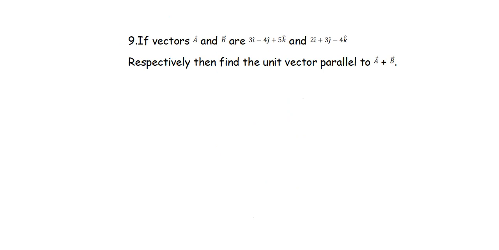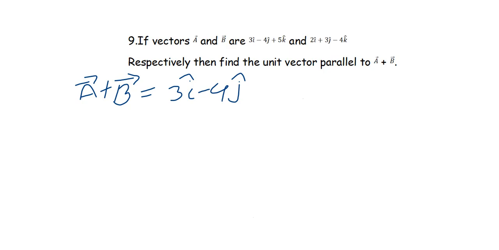A bar plus B bar is 3i minus 4j plus 5k cap plus 2i cap plus 3j cap minus 4k cap.